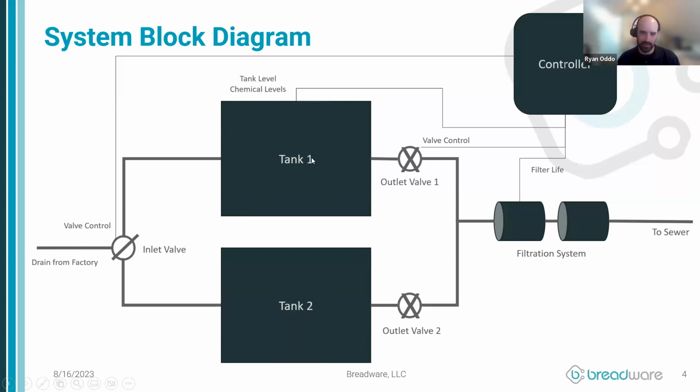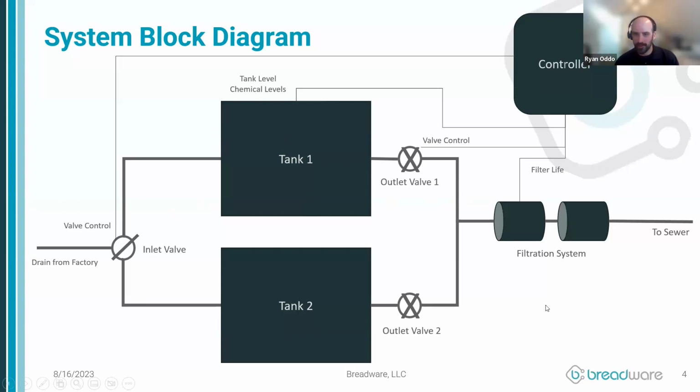And then at set times throughout the day, if the chemical levels are below the thresholds, it's going to open the valve, send everything through the filtration system, and start over. So pretty simple system. If there's any issues in tank 1, then it'll automatically switch to tank 2 and turn a light on to tell you that there's an issue.